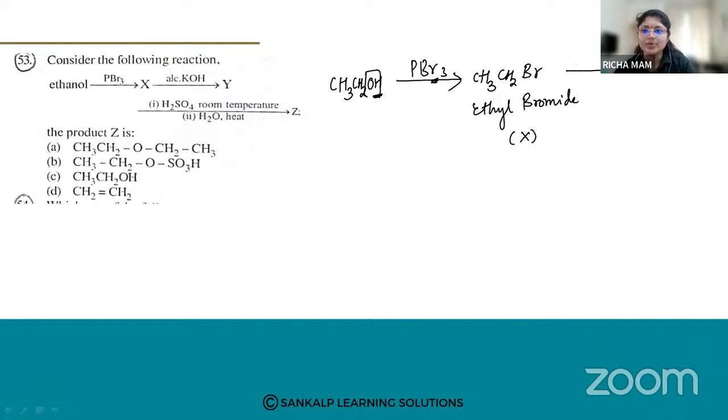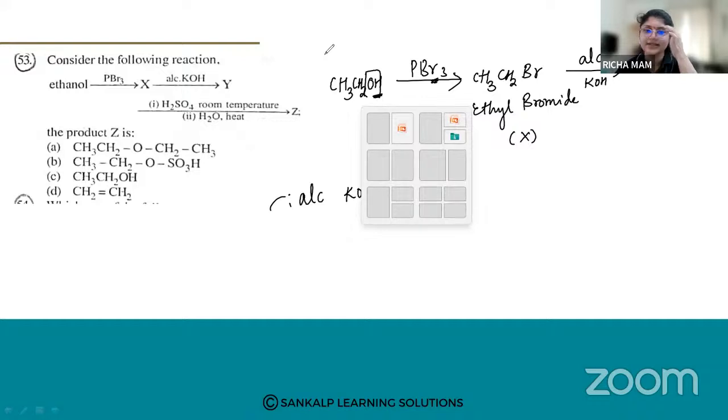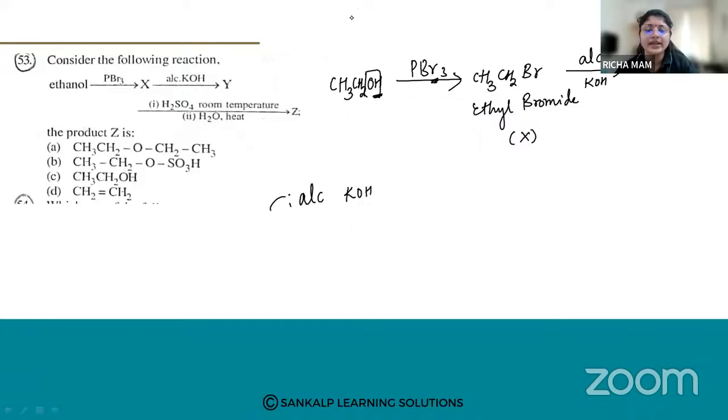Now this ethyl bromide, I am going to treat with alcoholic KOH. What is alcoholic KOH used as?